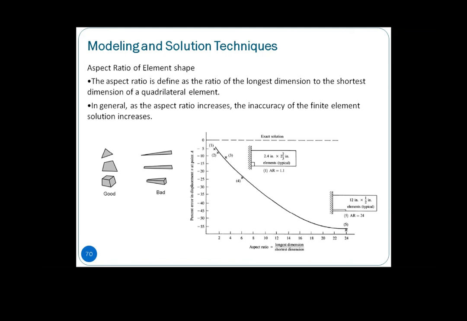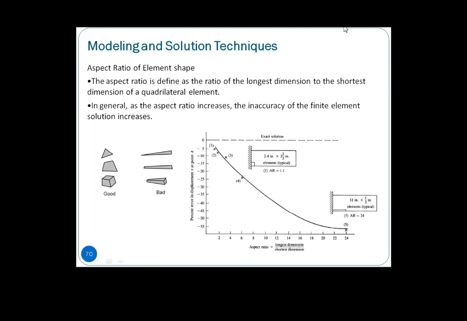Aspect ratio is basically the ratio of the longest dimension of your element to the shortest dimension of your element. If your aspect ratio is large, it will induce inaccuracy to your solutions.